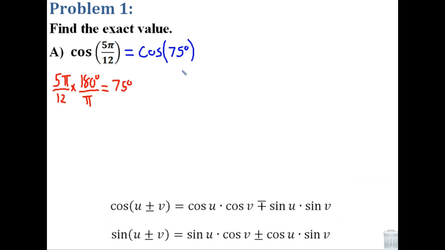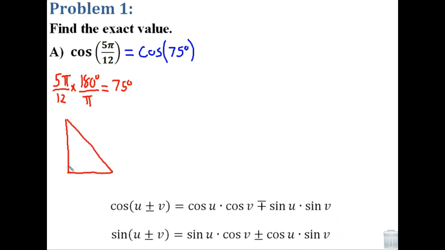The trick is going to be writing this 75 degrees in terms of angles I know how to find the sines and cosines for. Remember, the angles we know are 45, 30, and 60.